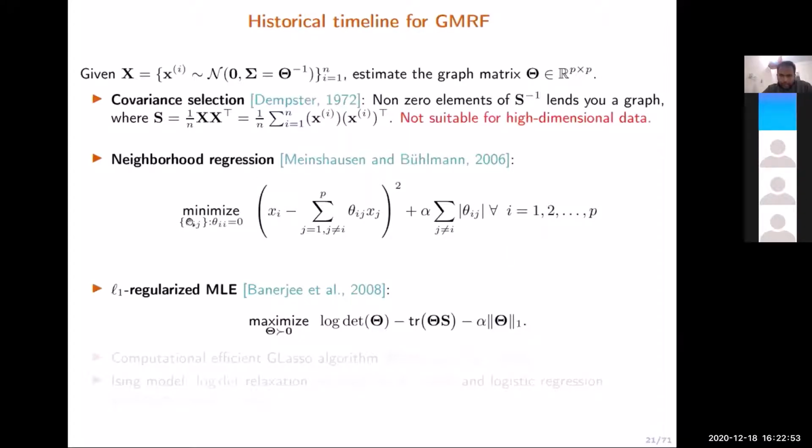Next, in 2008, two different groups, Banerjee and Bühlmann, came up with an algorithm to solve a maximum likelihood estimation problem. In fact, we can formulate the graph learning problem under the Gaussian distribution as a maximum likelihood estimation of theta, where theta is a precision matrix.